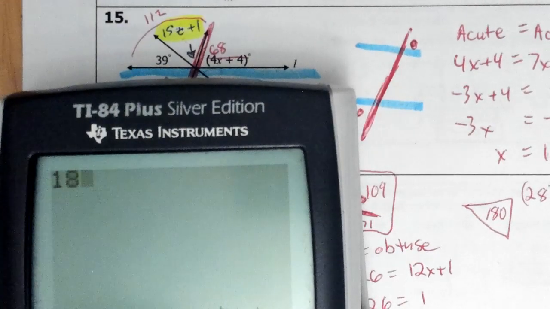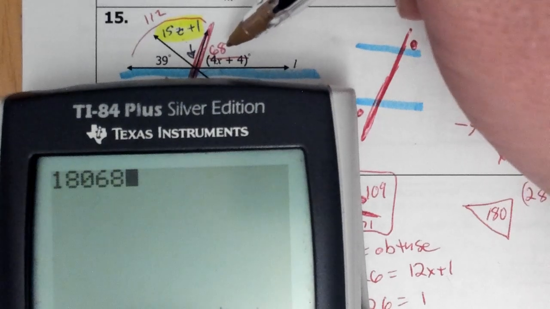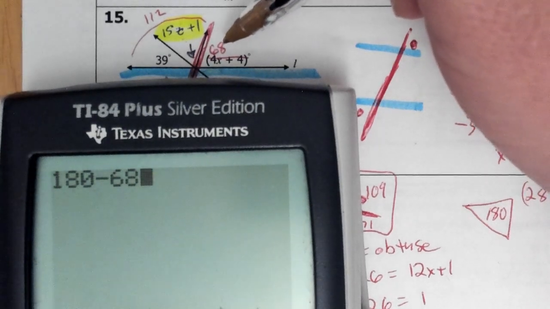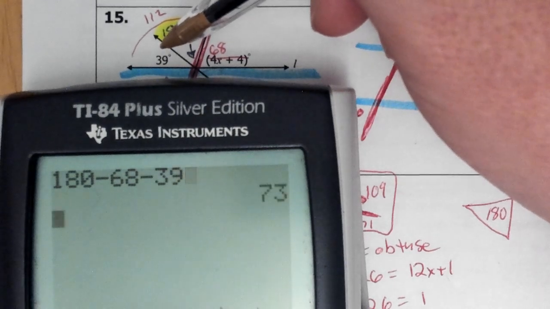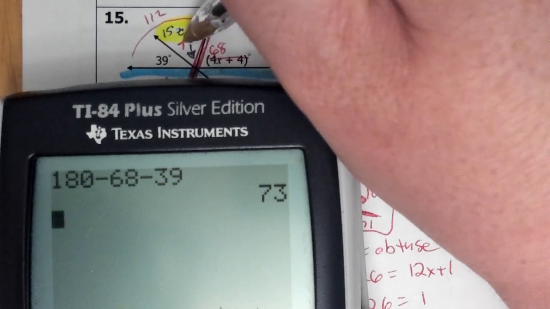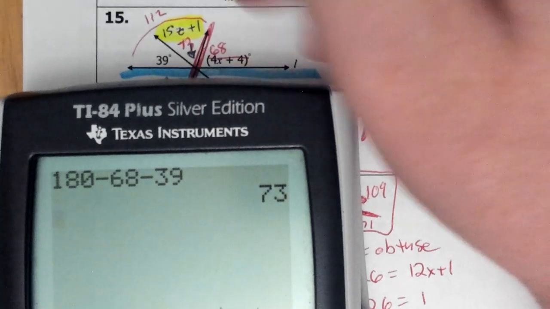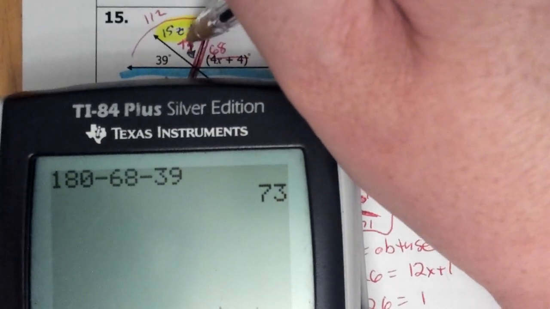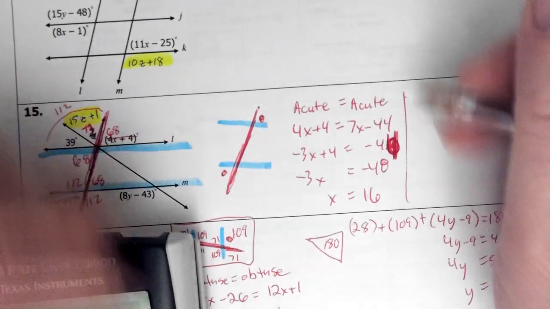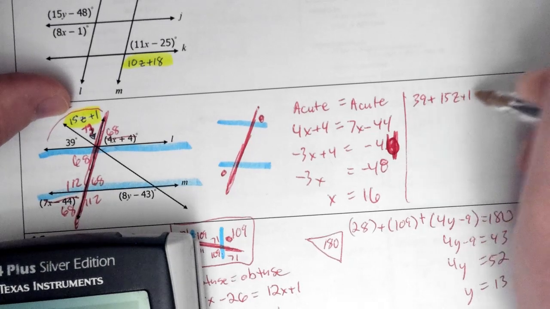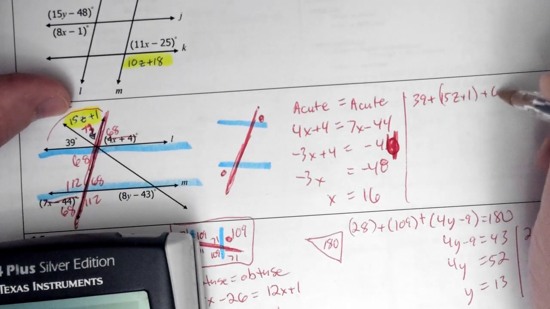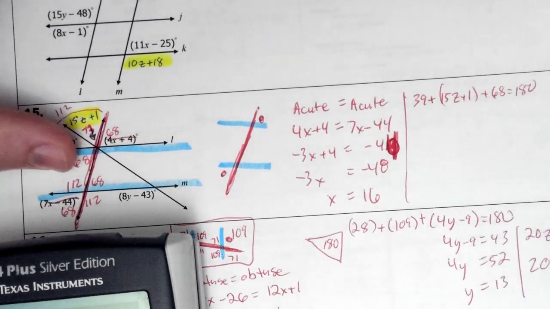So I know that 180, if I subtract that 68, and I subtract this 39, that this angle right here would have to be 73. That's nice. So that's 73 right there. Okay, so basically I'm saying that 39 plus that 15z plus 1 plus that 68 equals 180, right?